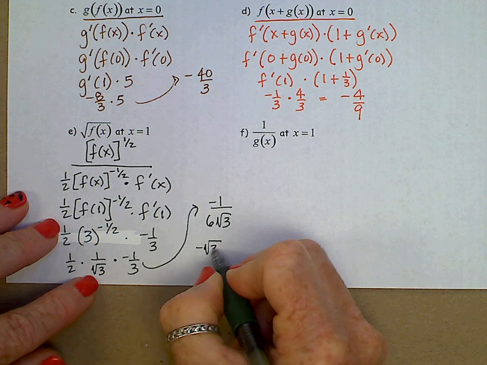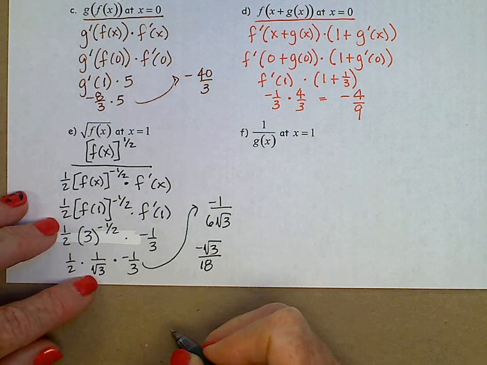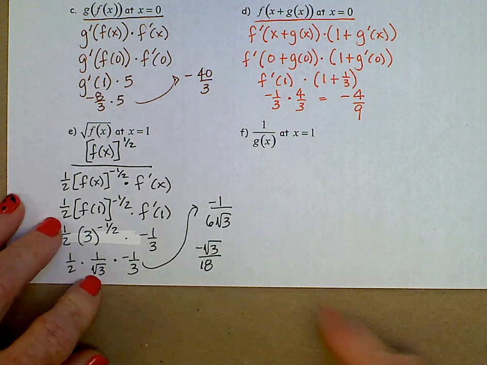Rationalize, and we'll have negative square root 3 over 18. There's that one.